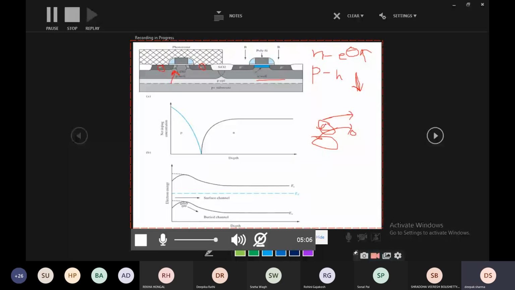And when we say that the mobility of the electron is more compared to the holes, that means the hot electron effect will be predominant in the case of N channel MOSFET. Why? Because the majority carriers are electrons, and those electrons have more kinetic energy, or more mobility, compared to the holes, right? So the probability of hot electron effect in the P channel MOSFET is less.